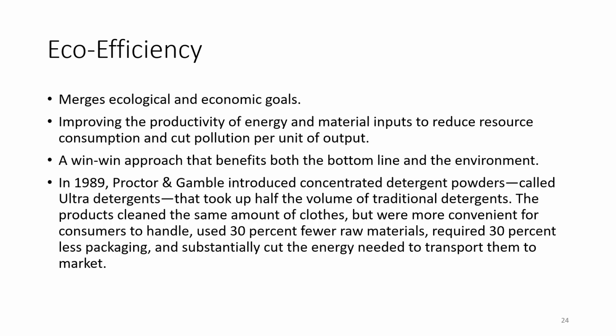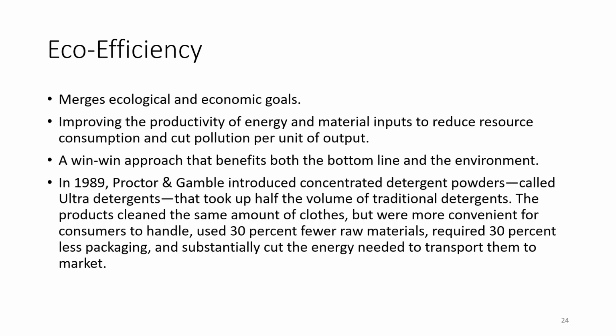Next is eco-efficiency. It merges ecological and economic goals, improving the productivity of energy and material inputs to reduce resource consumption and cut pollution per unit of output. It is a win-win approach which benefits both the bottom line and the environment. In 1989, Procter and Gamble introduced concentrated detergent powders called ultra detergents.